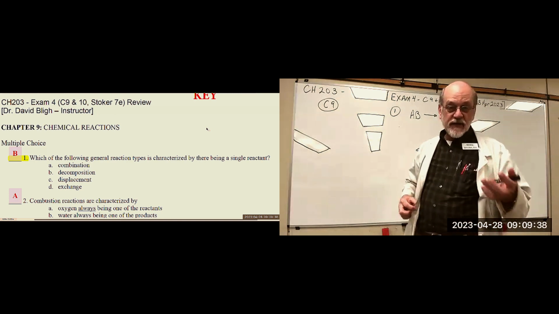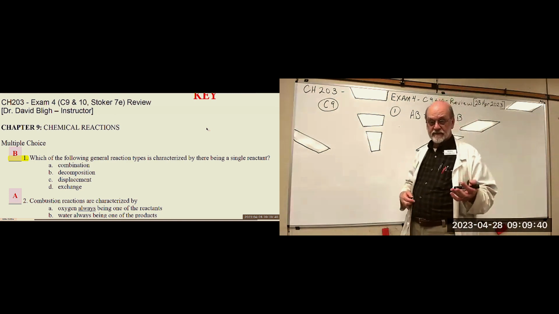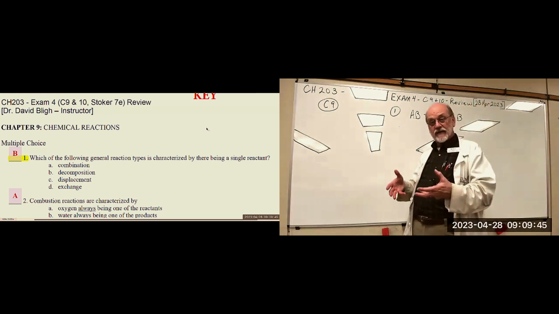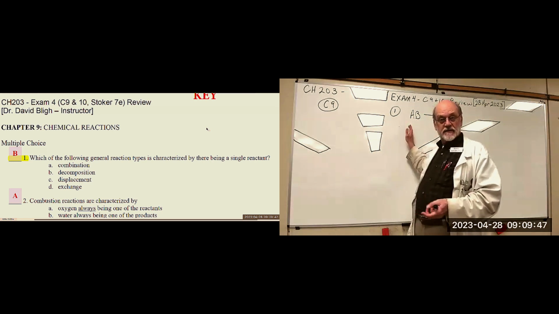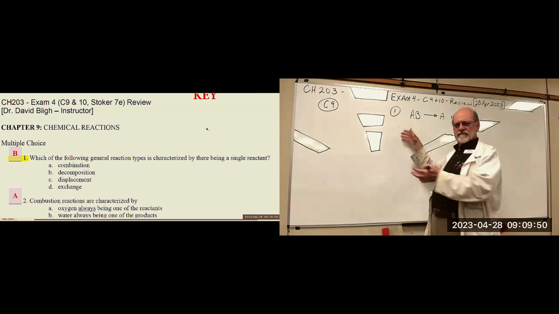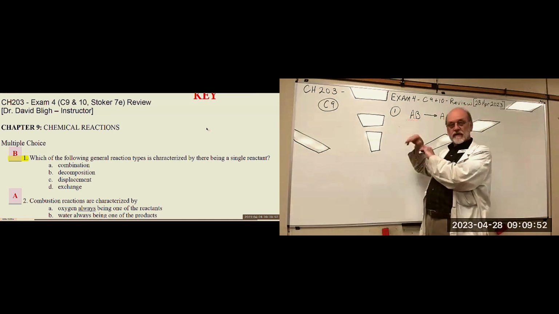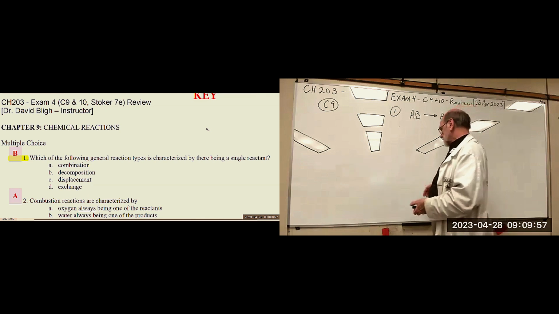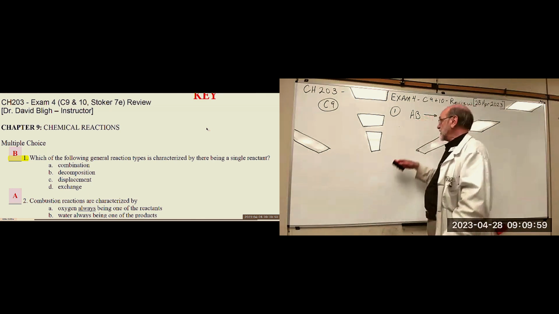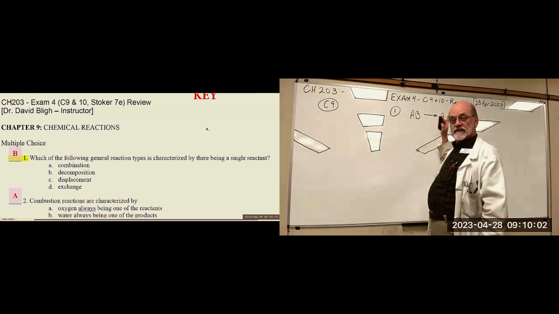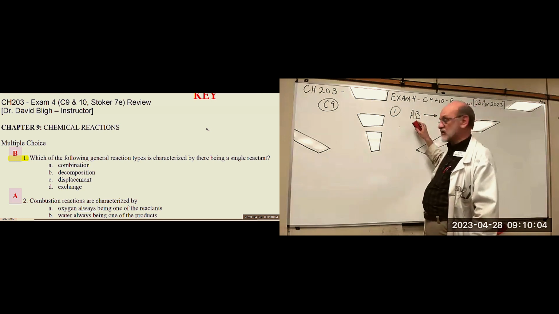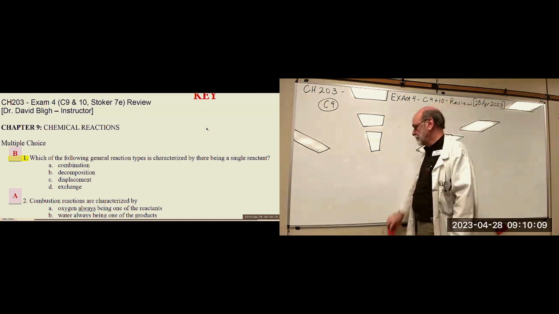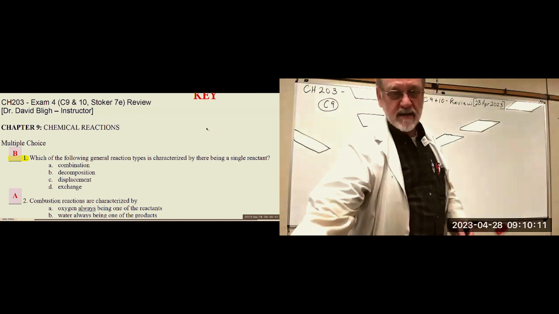So the one that satisfies that is a decomposition. We're just breaking that reactant down, and it doesn't have any other reactants in its neighborhood except for its own neighbors, other ABs floating around. It might smash into those, and that's probably what happens to break those bonds. But the complex makes simple, and that's a decomposition. All right.